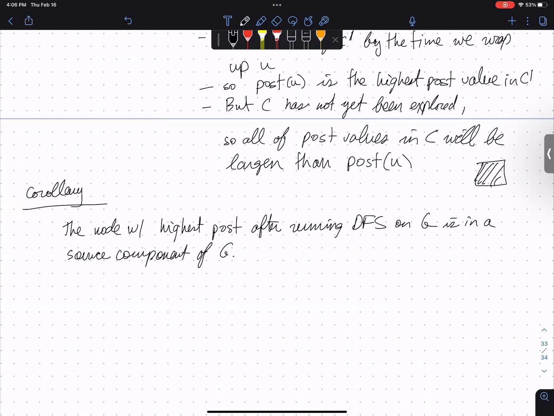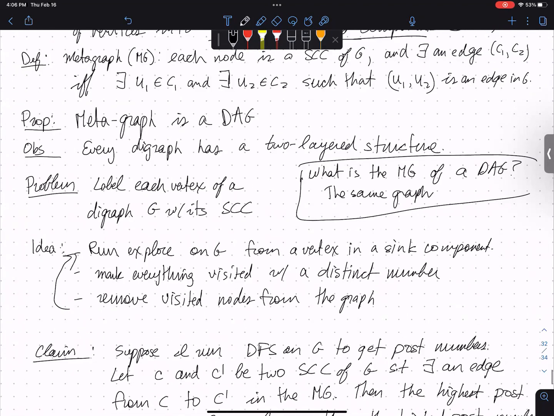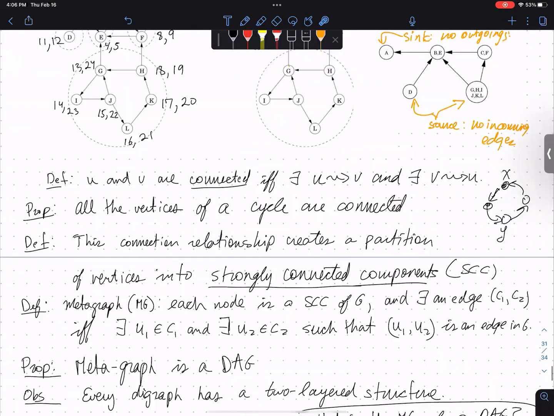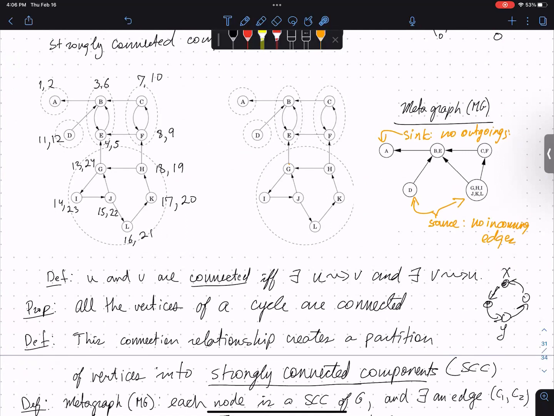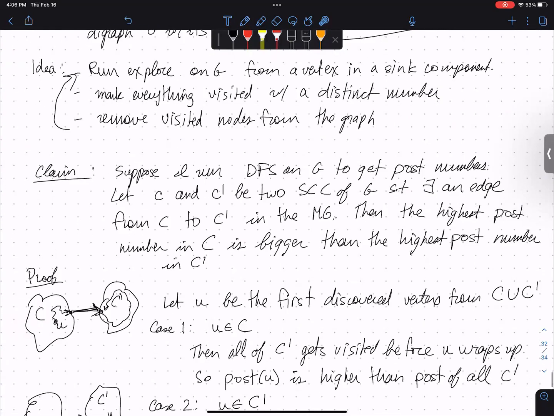And now this gives us a way to find, remember, for our algorithm, we wanted to start on a vertex in a sink component. But the problem was that we didn't know what was a sink component because we didn't have the metagraph. Well, now I almost solved the problem for you.